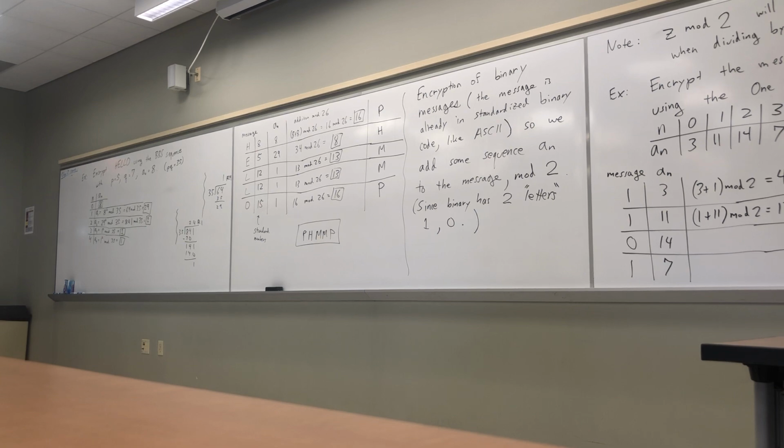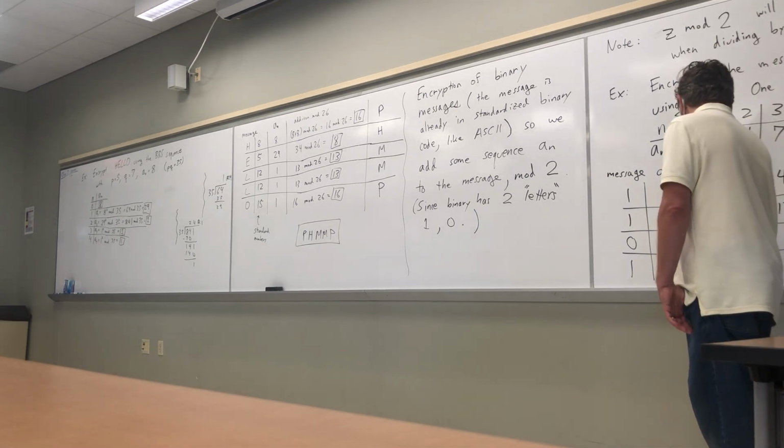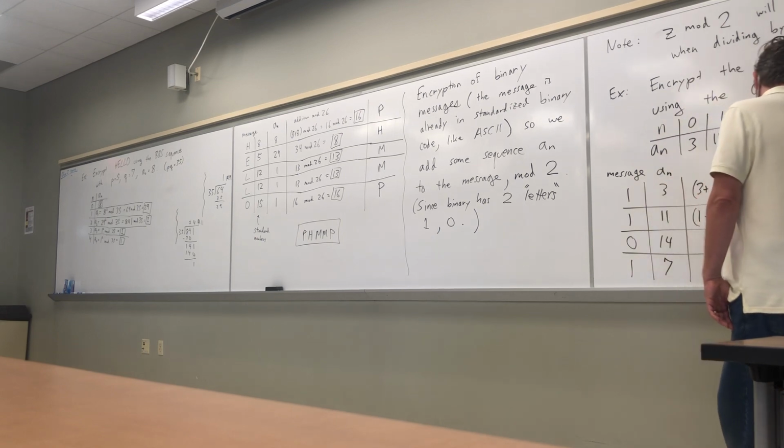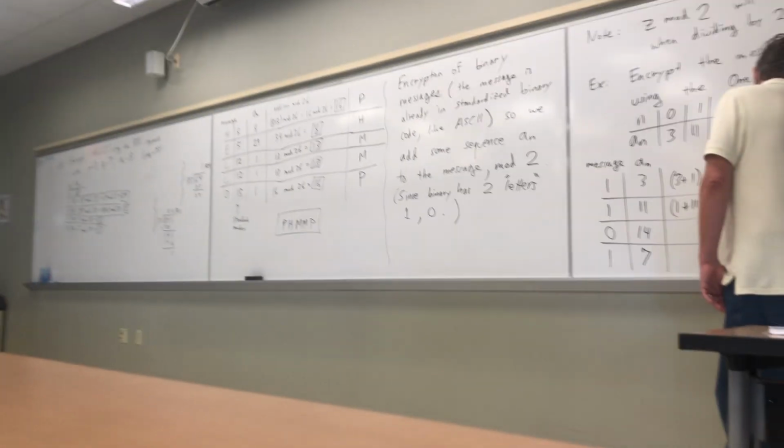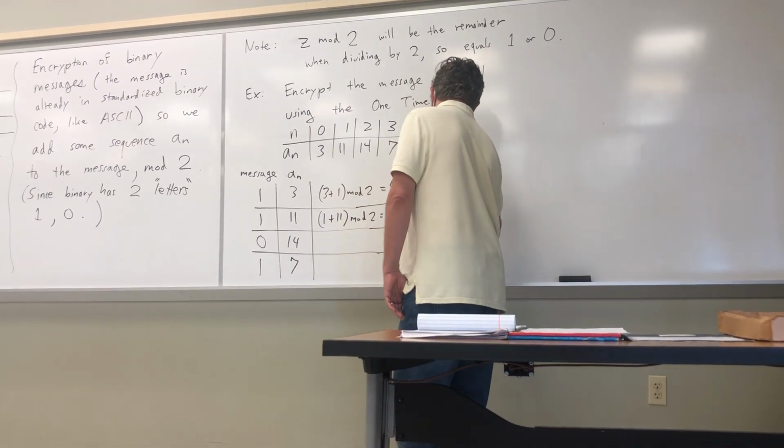Oh no, they're all going to be 0, aren't they? Hey, that's a great code. The message looks like it's just an empty channel sending zeros. So I'll go ahead and do the addition. 14 mod 2 is equal to 0, and 8 mod 2 equals 0.